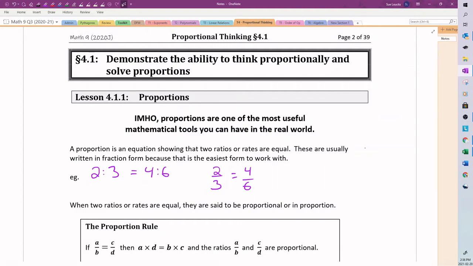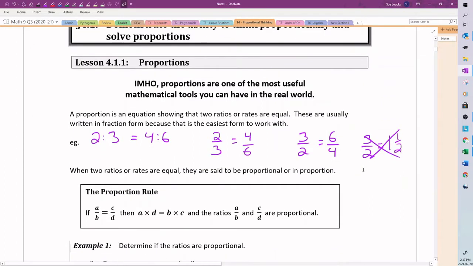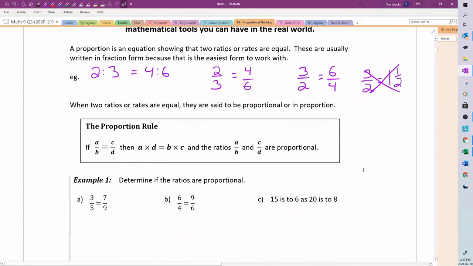For example, I could turn this proportion upside down and say that 3 to 2 is the same as 6 to 4, but I would never say that it's 3 to 2 equals 1.5 when I'm talking about proportions, because 1.5 is not a proportion. What we're talking about with 6 to 4 is the ratio of 6 to 4. When two ratios are equal, we say that they're proportional or they're in proportion.